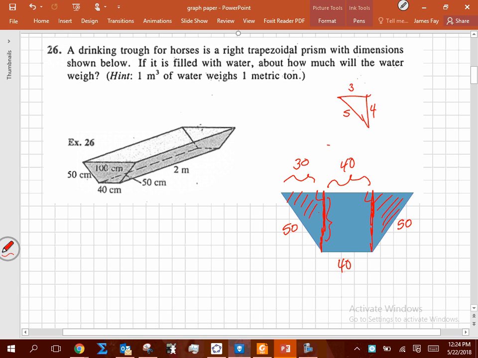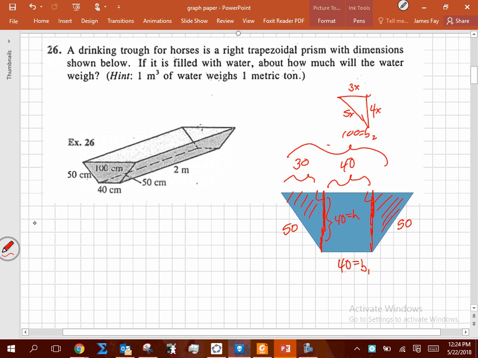A lot of times a 3, 4, 5 triangle is written as 3x, 4x, 5x, where x could be any multiple. So this is a multiple of 10. So that is H, this is B1, and our 100 here would be B2.